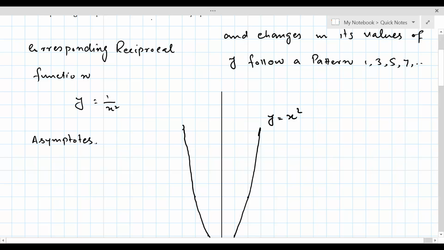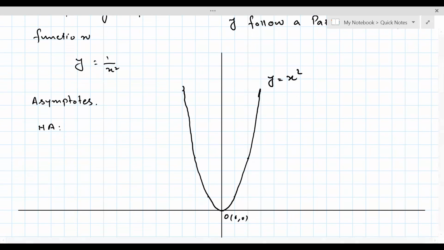We know the horizontal asymptote: by comparing the coefficient of the highest power of x to 0, we can find the horizontal asymptote.